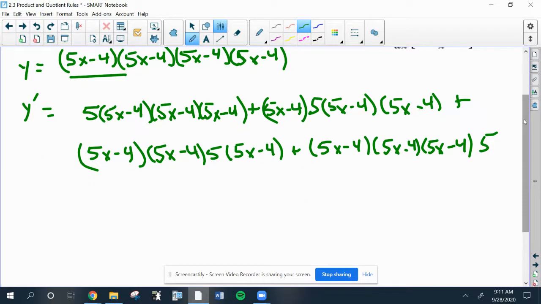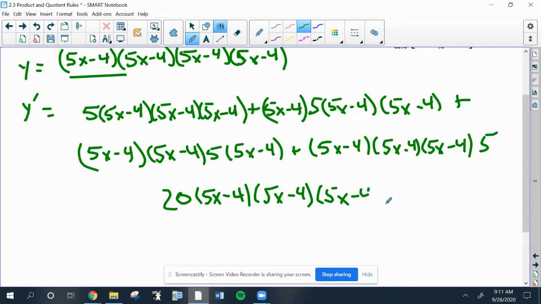So they're all the same term, 5 times (5x - 4) times (5x - 4) times (5x - 4). So it's 5 plus 5 plus 5 plus 5, which is 20, times (5x - 4) times (5x - 4) times (5x - 4). Or 20 times (5x - 4)^3.